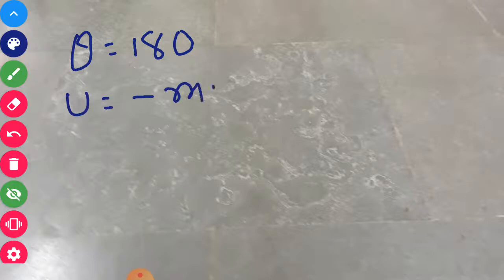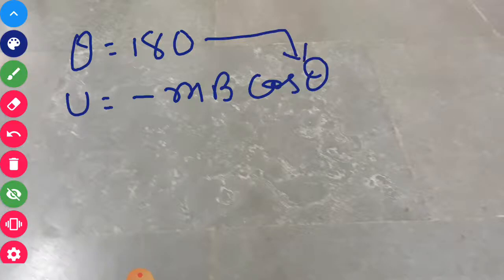Now for unstable equilibrium, theta will be equal to 180. So m and b are anti-parallel to each other, we can say. So U is equal to the same equation, minus mb cos theta, but theta we have to take as 180, and cos 180, as you know, is minus 1.